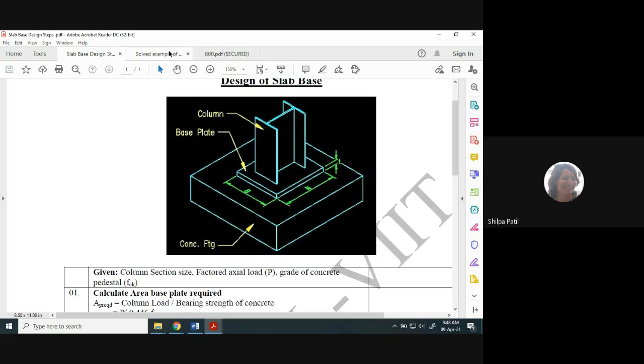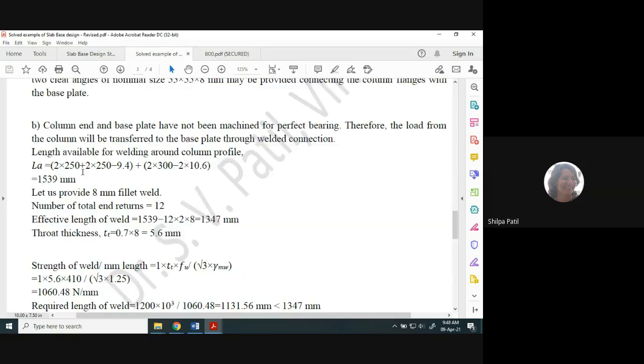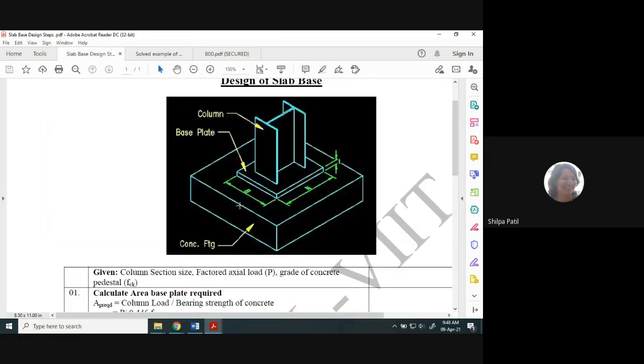So that's why these values are calculated as 2 times 250, that is the width BF of the flange, plus 2 into 250. Are you getting this value? So this is the exterior side of the flange and the interior side of the flange. Similarly, the other flange, exterior side and interior side.